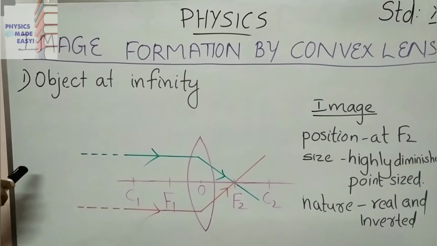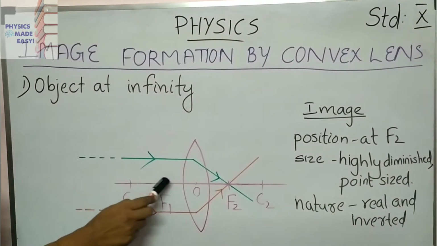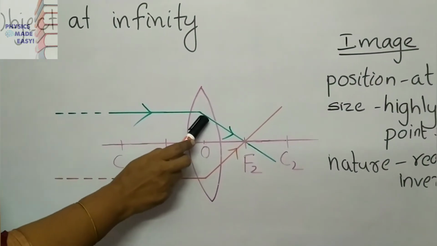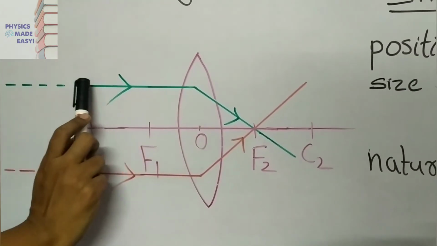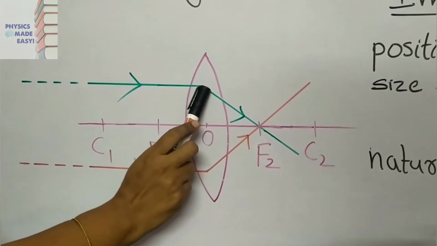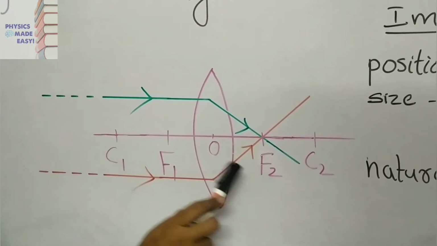Here you can see two rays which are parallel to the principal axis of this convex lens. After refraction, you know that will pass through the principal focus. First ray, you can see here the ray parallel to principal axis. After refraction, that is passing through F2, principal focus.